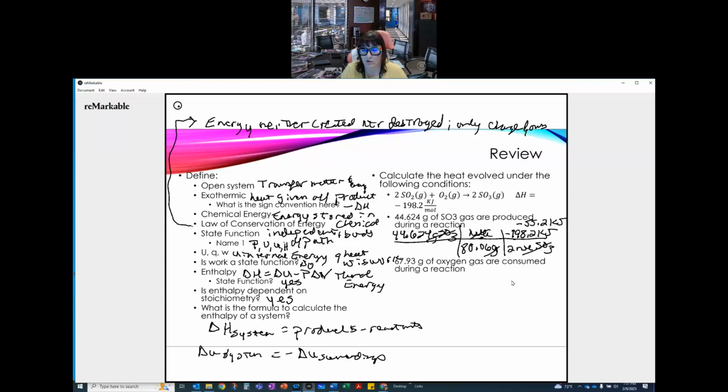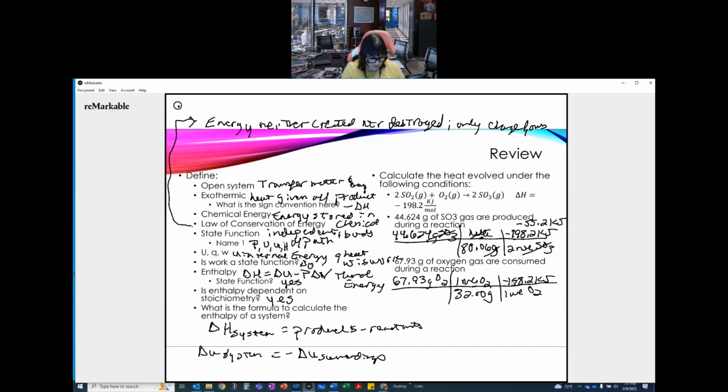67.93 grams of oxygen are consumed during a reaction. So 67.93 grams of O2. 1 mole O2 is 32 grams. And I have negative 198.2 kilojoules in this reaction, and it requires 1 mole of O2 for that.